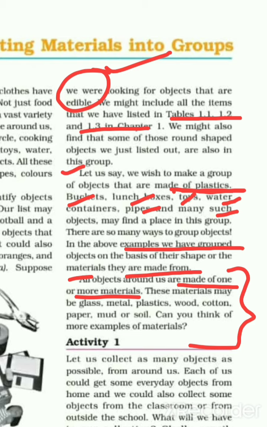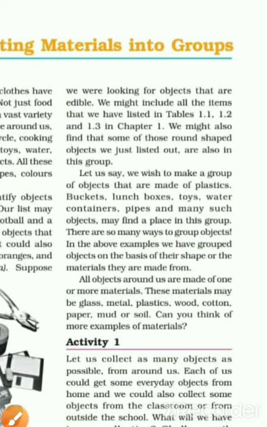Suppose we take the example of a bench. Then a bench is made up of wood, plus iron nails are also used in that. Again, suppose we take the example of a bucket. A bucket can be made up of plastic, and metal is also used for the handle. So there are many examples that are made up of one or more materials.